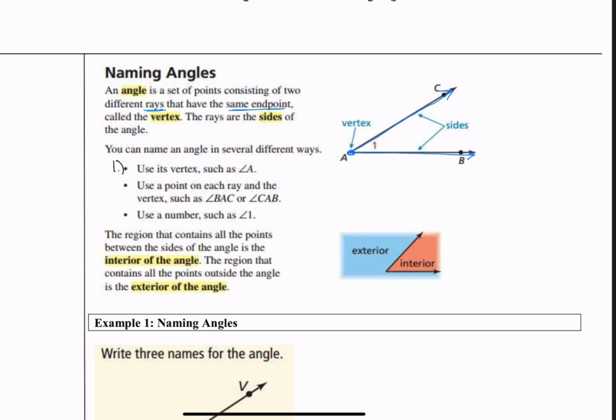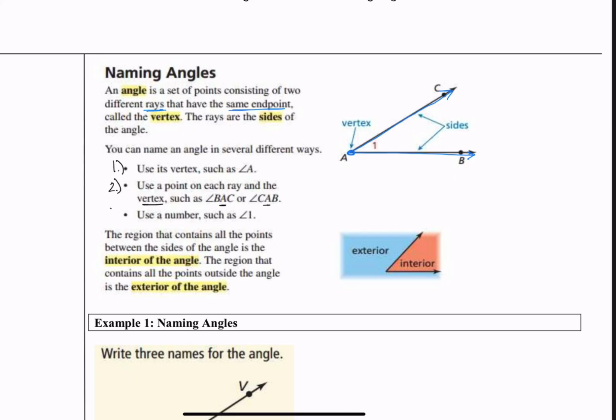So this angle to our right, we could name this angle A. We could also use a point on each ray and the vertex, such as angle BAC and angle CAB. Notice that the vertex has to be in the middle. Otherwise, this doesn't work. And then any point on the rays go on the outside. So that's the second way that you can name an angle.